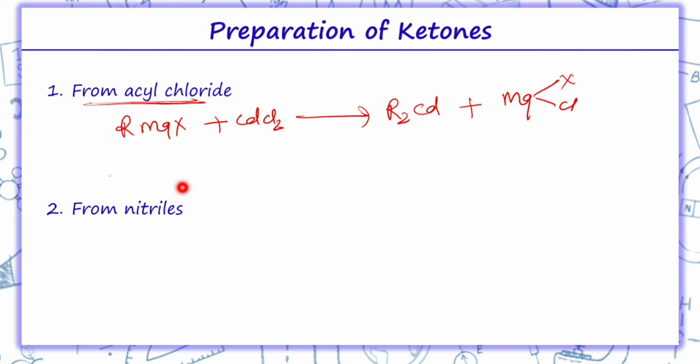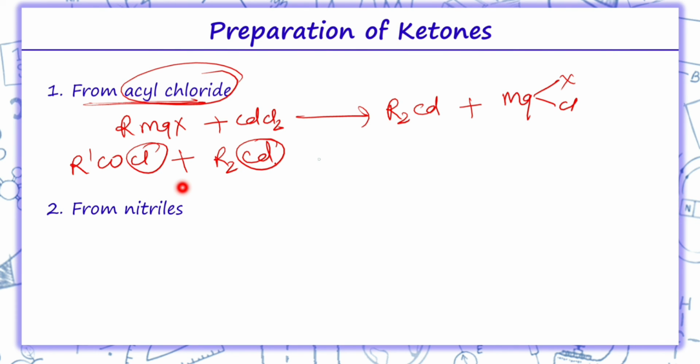This dialkyl cadmium reacts with acid chloride. So we have R-COCl plus dialkyl cadmium. Here Cd and Cl will be replaced. Thus, we will get R-CO-R. 2 moles of acid chloride will take part, and this is how ketones are prepared.